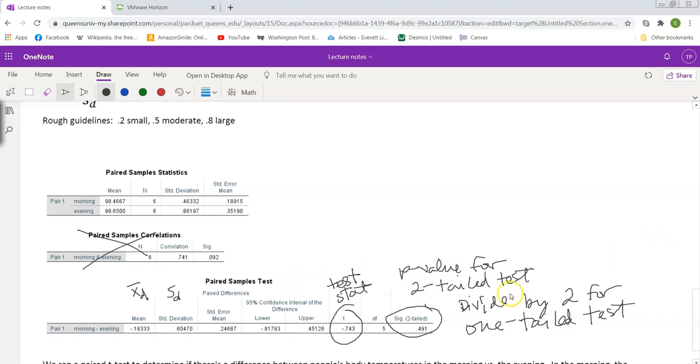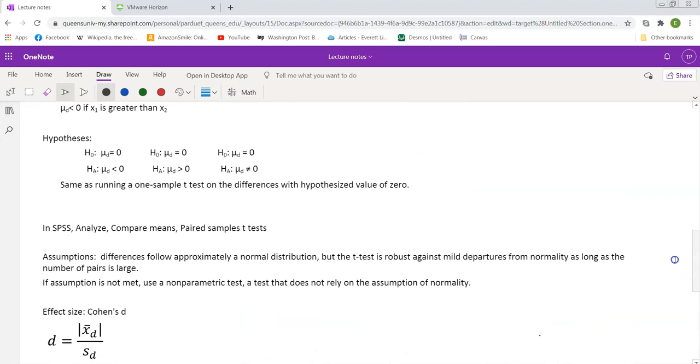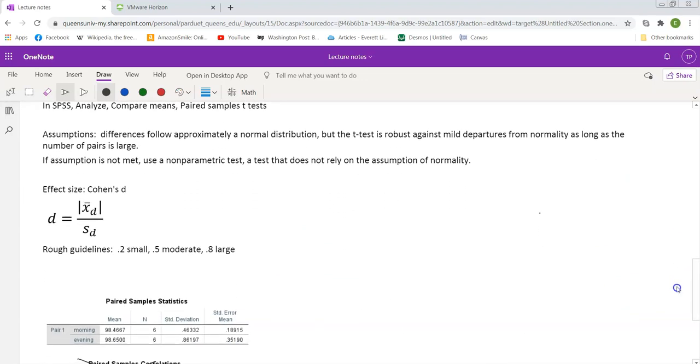That would be the test that the morning temperature is lower than the evening temperature. So that's our hypothesis test.